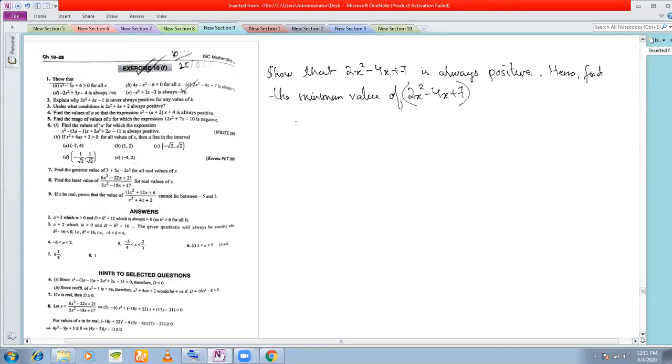So how to show it? Start from this, 2x squared minus 4x plus 7. In order to show that this is always positive, first you take 2 common. You get 2 times (x squared minus 2x plus 7 by 2).